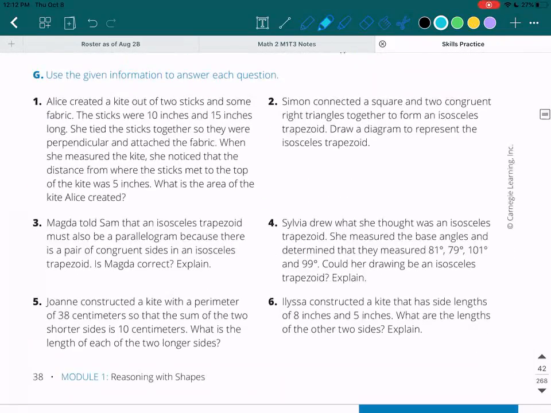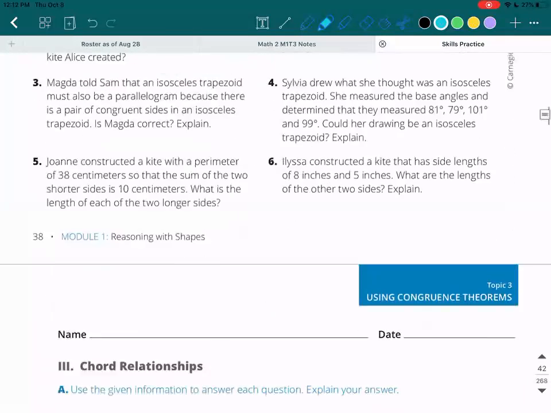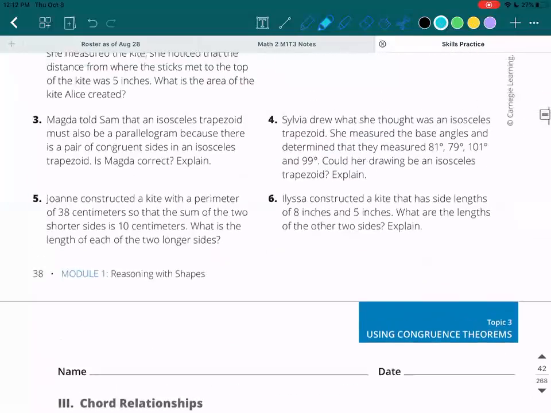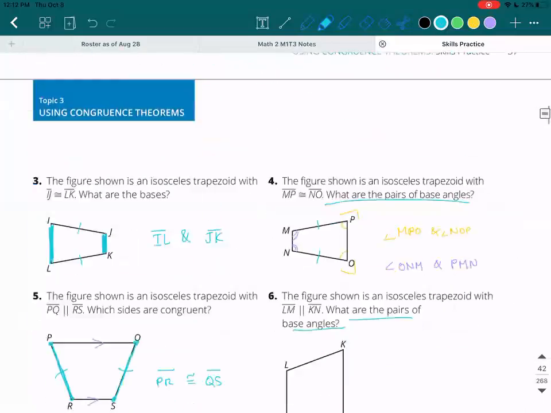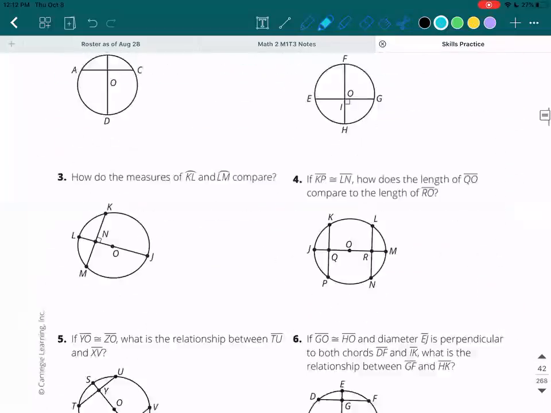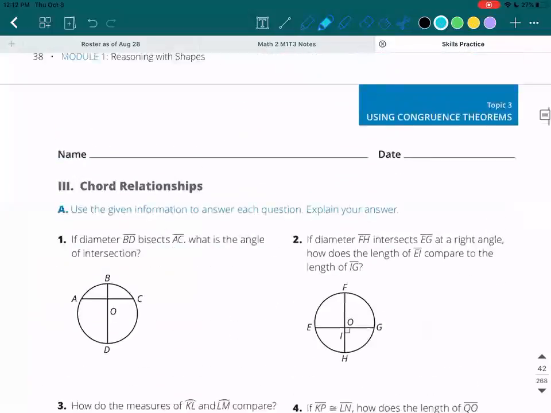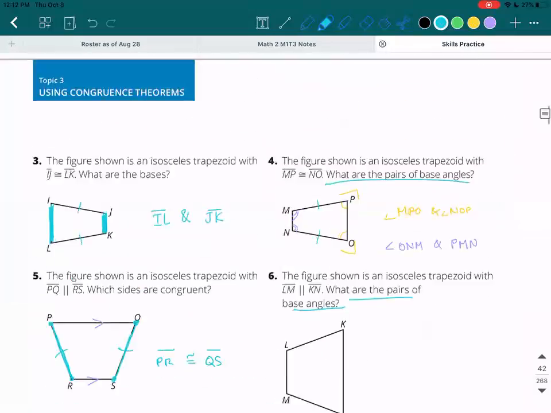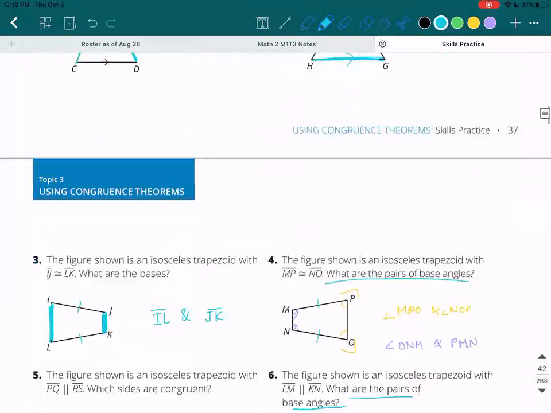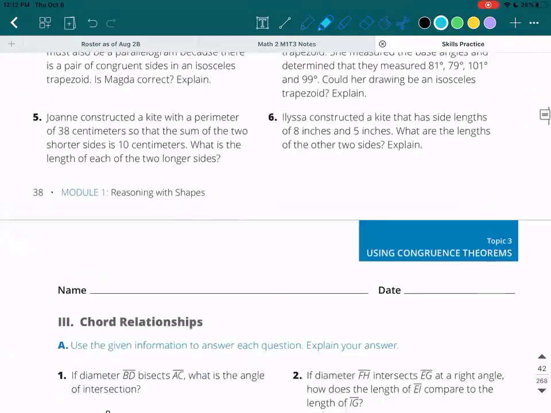Okay, use the given information to answer each question. I think we're gonna skip. No. Oh wait, that is section H, huh? No, F, G, H? Where? Do I just not have an H here?